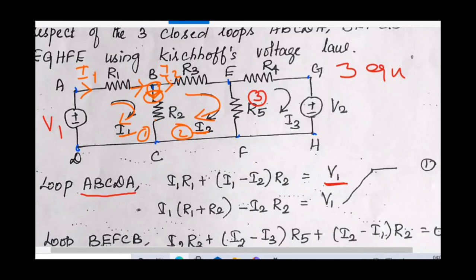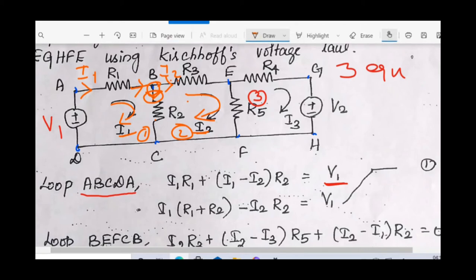For that I am giving you one tip. It should definitely be the difference between two currents. What is the current? Either it may be I1 minus I2 or I2 minus I1.